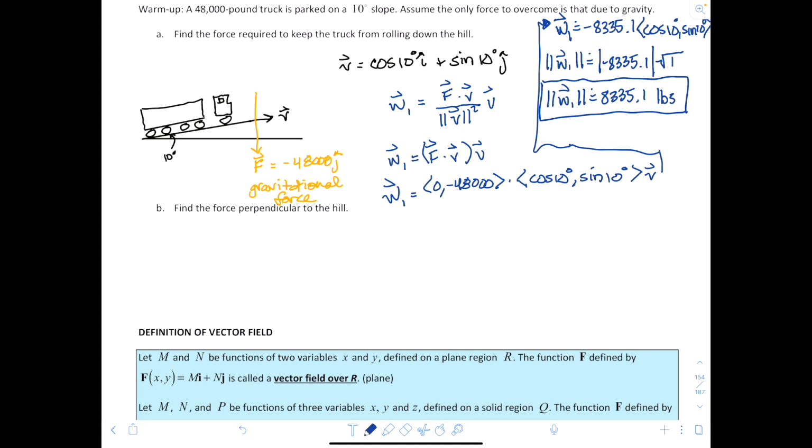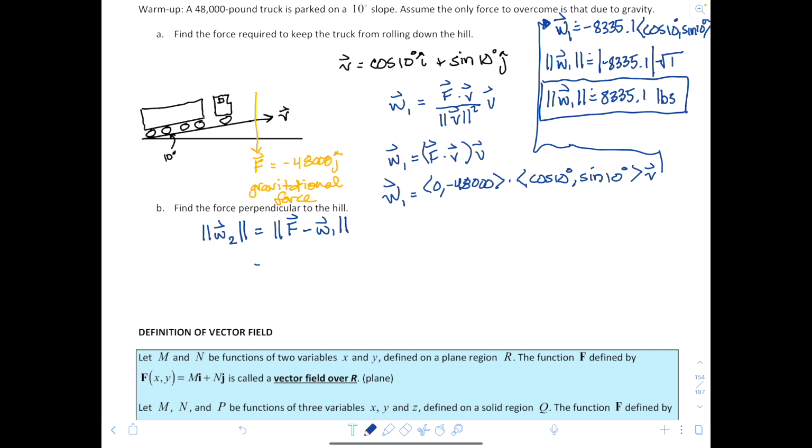Now we want to find the force perpendicular to the hill. Remember that the magnitude of W2 is what we're looking for. That is just equal to the magnitude of F minus W1.